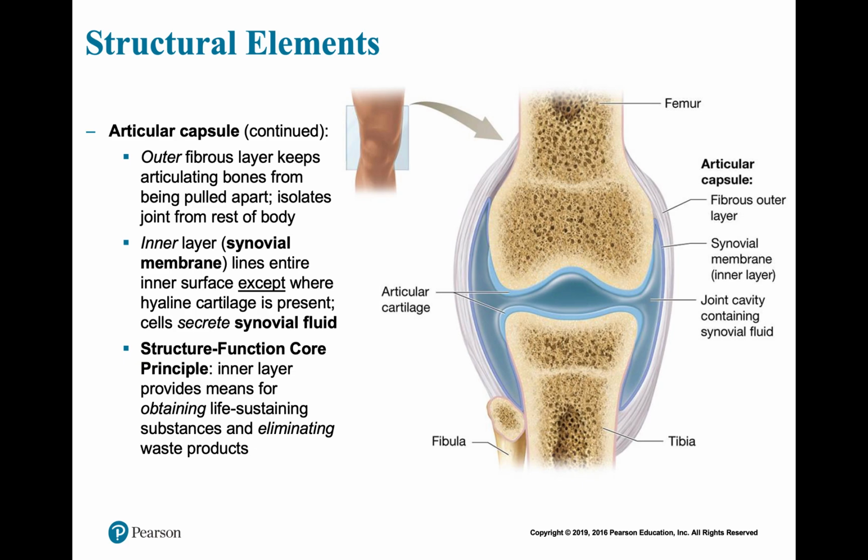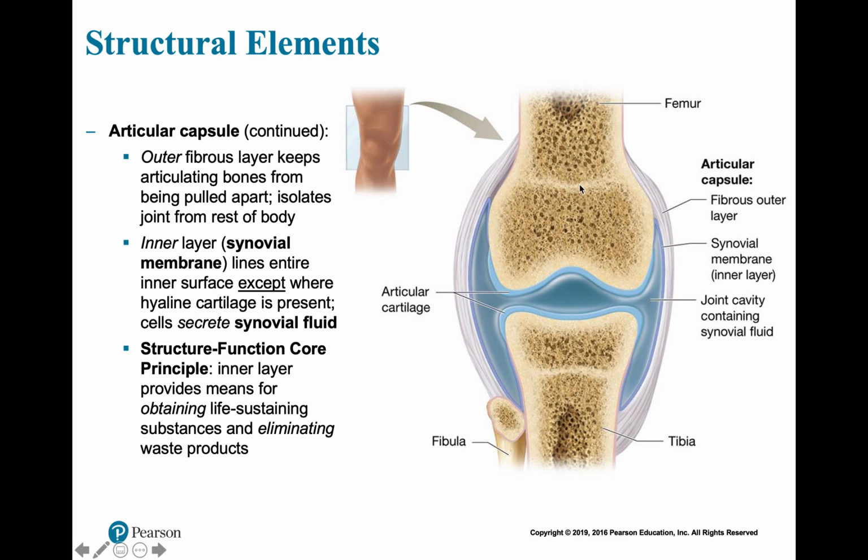Well, the synovial fluid that gets secreted by the synovial membrane also contains nutrients, and those nutrients will help maintain this articular cartilage. And all the waste products from the chondrocytes will go into the synovial fluid. And whenever that synovial fluid gets reabsorbed and recycled, that's how we eliminate waste from the joint cavity. So that's another function of the synovial fluid as well.